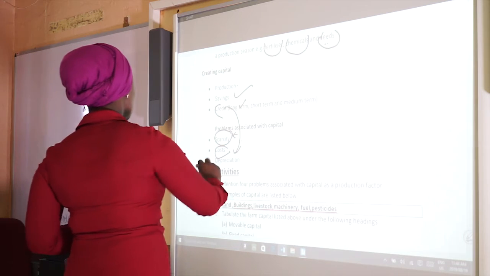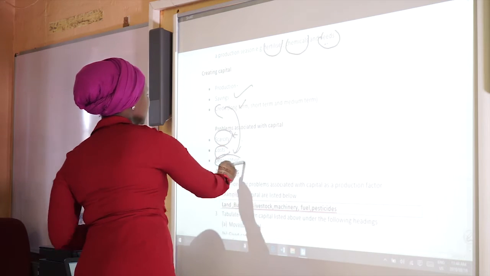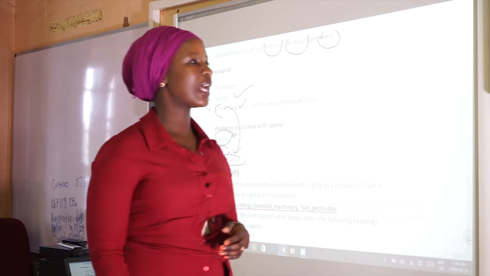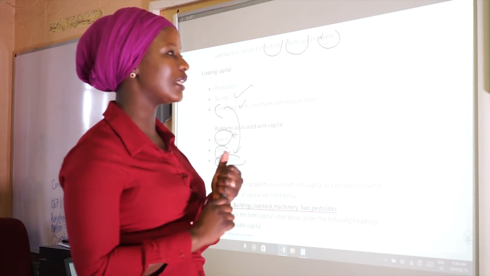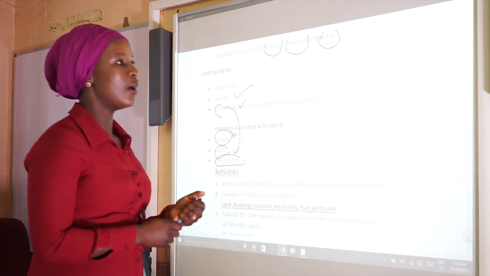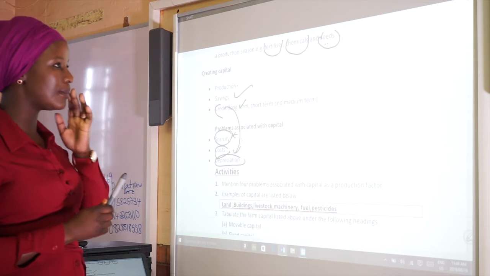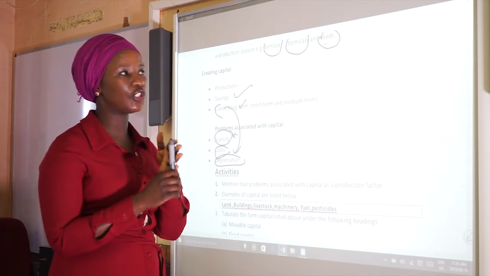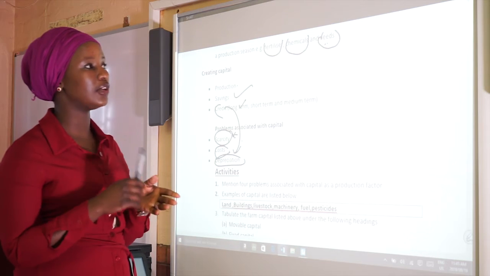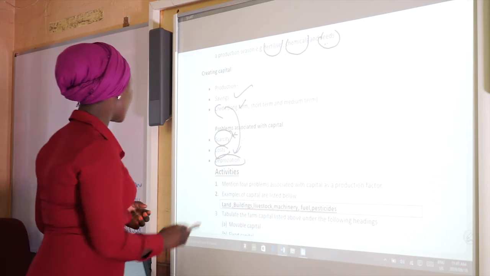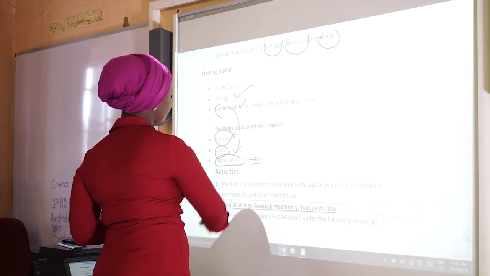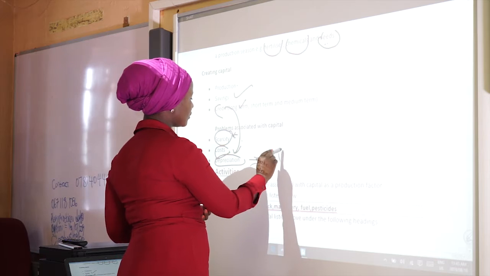Another problem associated with capital is depreciation. Some of the assets have a tendency of losing their value over time, more especially the medium-term assets, which include machinery and vehicles. They lose their value over time. Another problem associated with capital is overcapitalization.